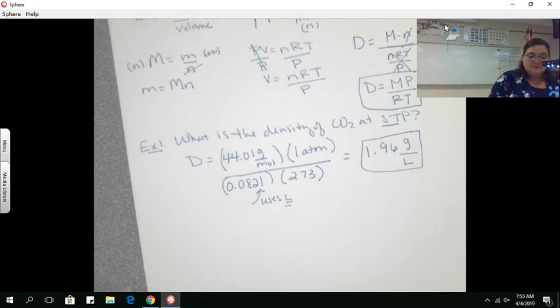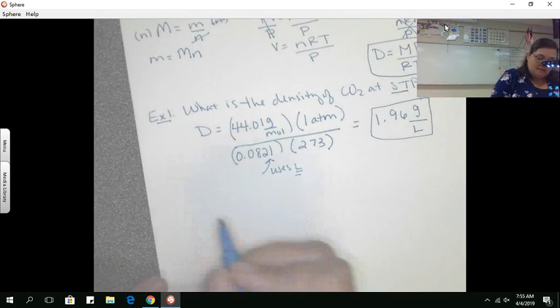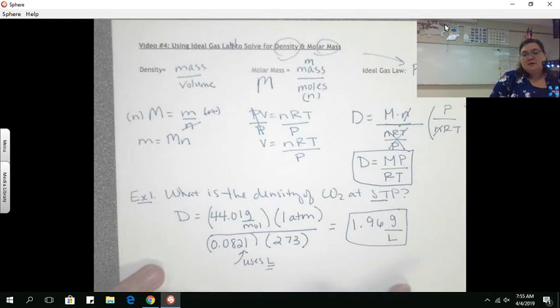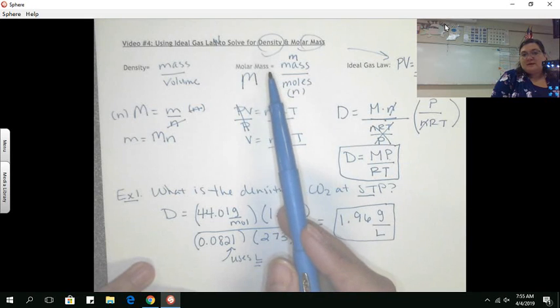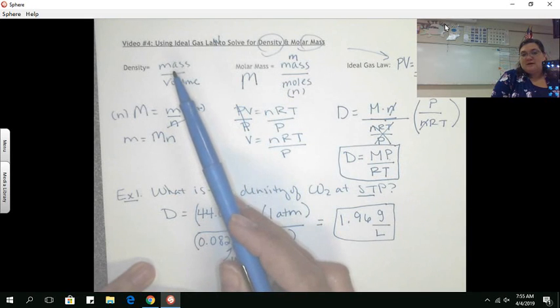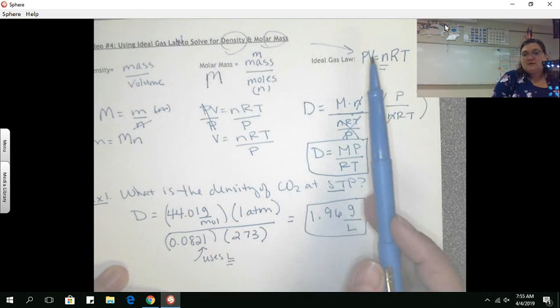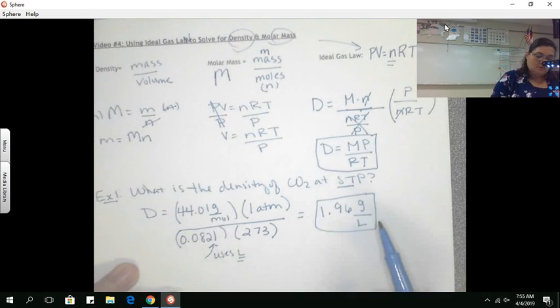Alright, so let's look at finding the molar mass then. So we're going to use the same process as we used up here, right? Since for molar mass we need a mass, we can solve density for mass, and then we need moles, so we can use the ideal gas law, and we can solve the ideal gas law for moles.